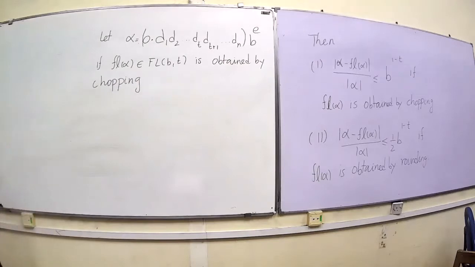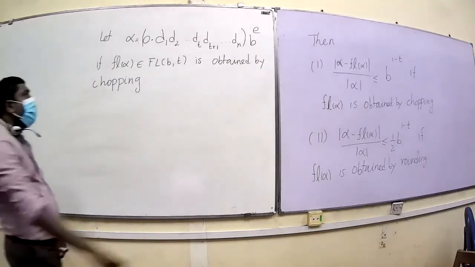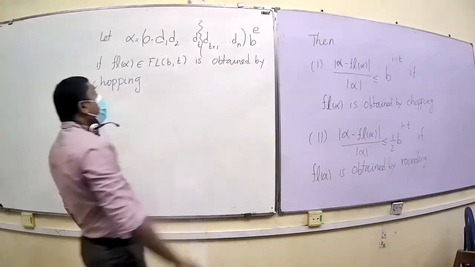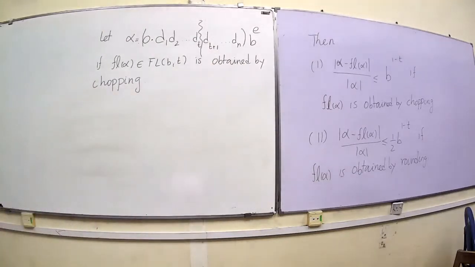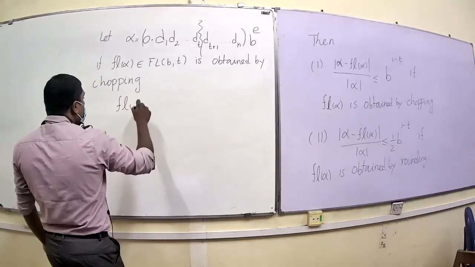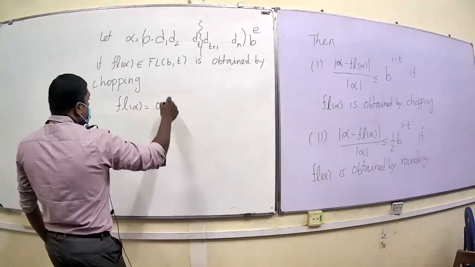So you know that if you are chopping, in FL of B, T, you cut down all the digits after this point. So in that case, you can say that your FL of alpha is this.